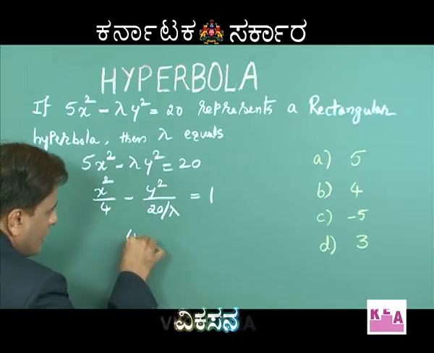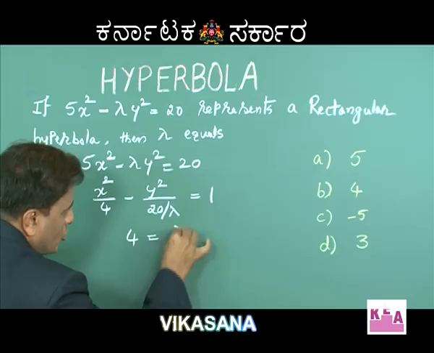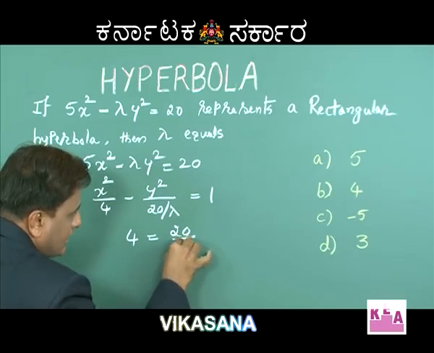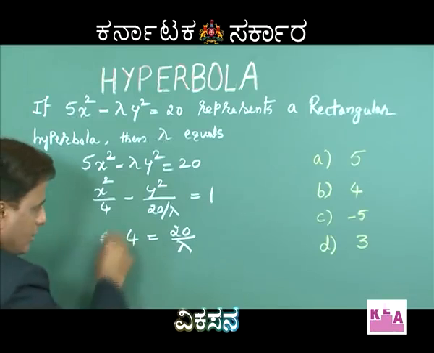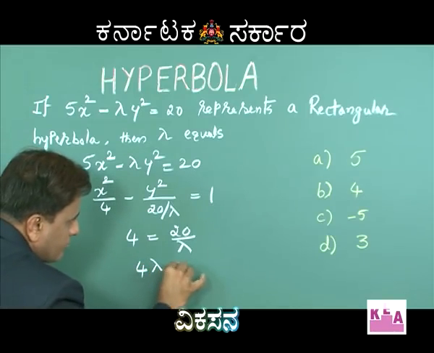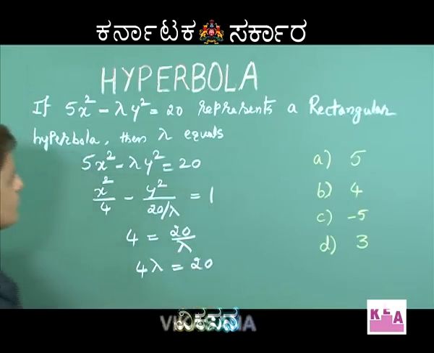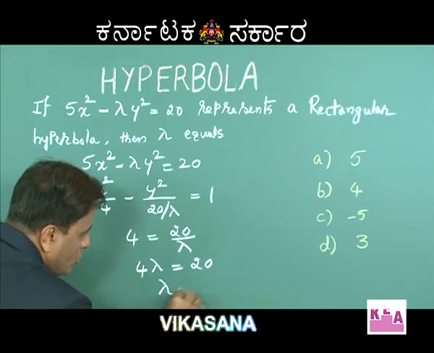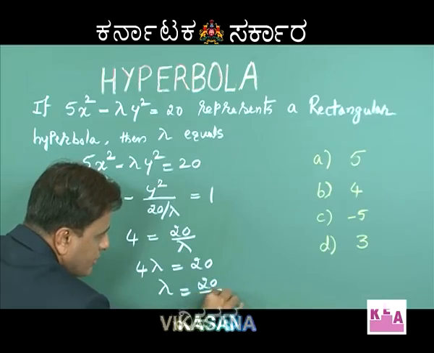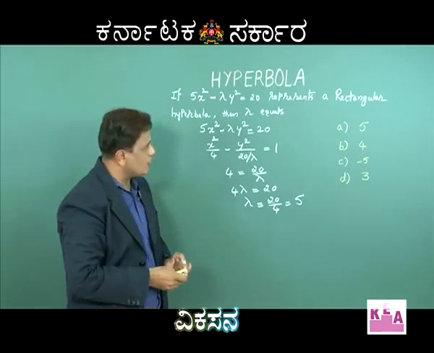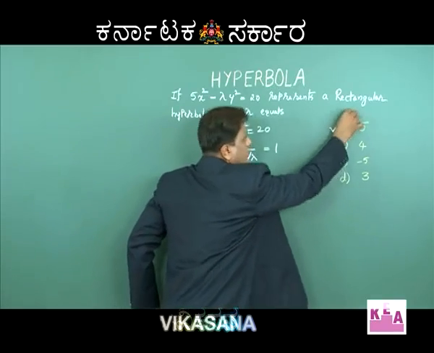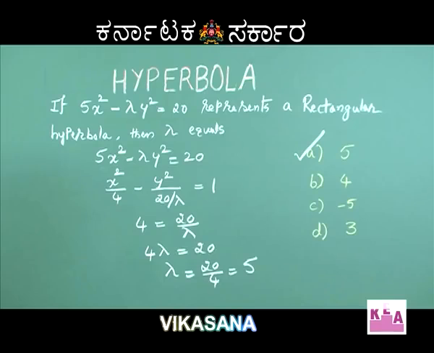So, 4 is equal to 20 by lambda, 4 lambda is equal to 20, and lambda is equal to 20 by 4, which is equal to 5. Again the option is option A is correct. Please note down this example.